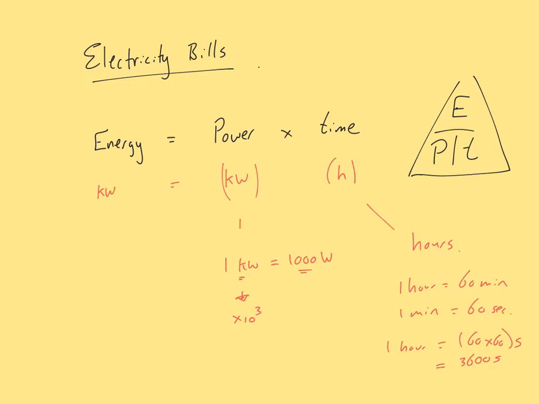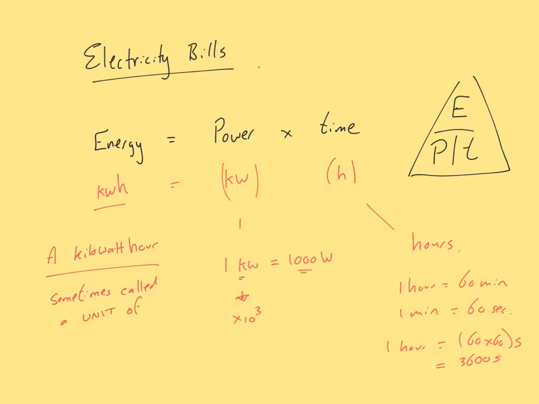So on your electricity bill, because the power is measured in kilowatts instead of watts, and because the time is measured in hours instead of seconds, the energy isn't measured in joules. The energy is measured in something called a kilowatt hour. A kilowatt hour on an electricity bill, they sometimes call it a unit of energy.